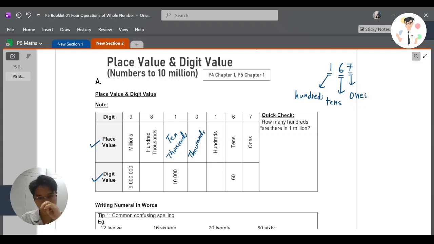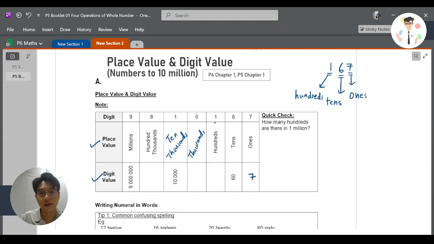So digit value, as you can see here, if it's 7, here will be just 7. But when you look at here, the 6 is at the place value of tens. That's why 6 multiplied by tens is 60. Or in simple terms, you can understand it as 60 plus 7 equal to 67. How about hundreds here?